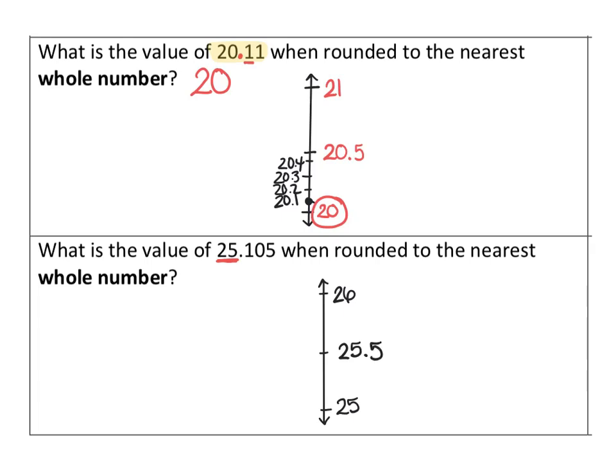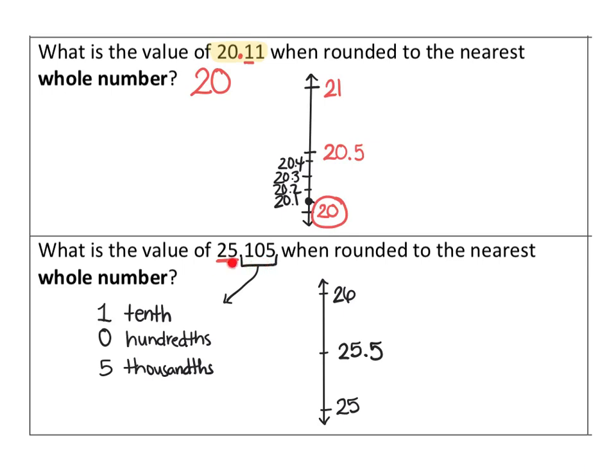Now, we have thousandths here. We are not going to mark thousandths on our number line. That would be silly. So let's just look. This is the same as saying 1/10, 0/100ths, and 5/1000ths, this part of the decimal.